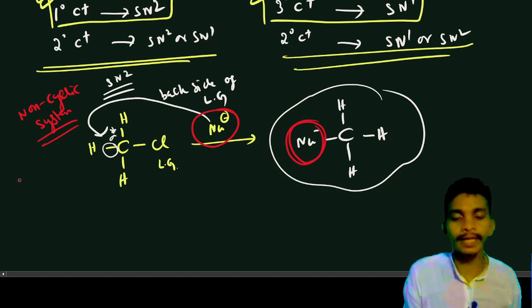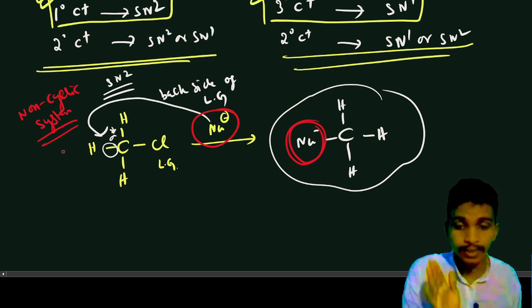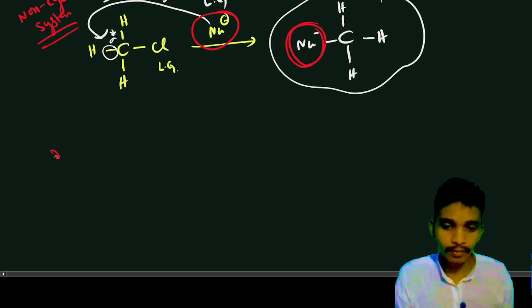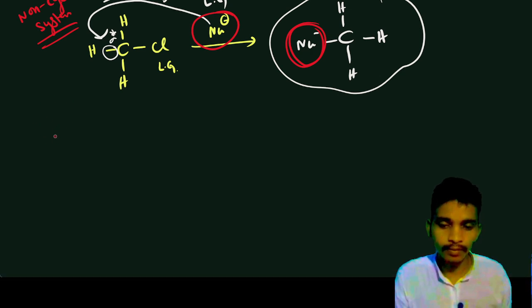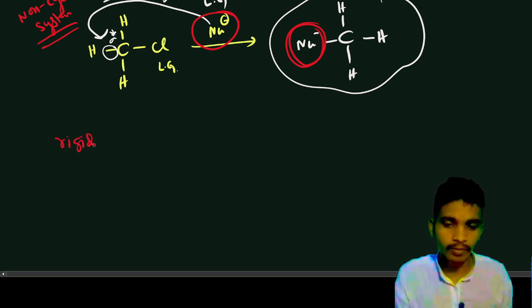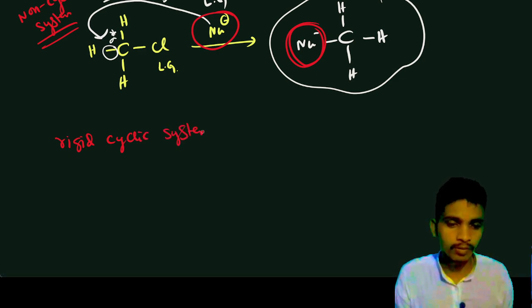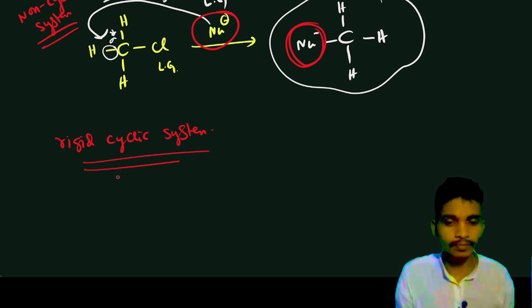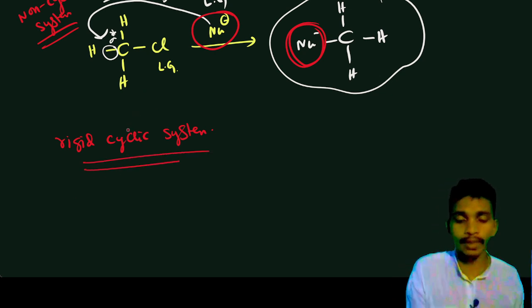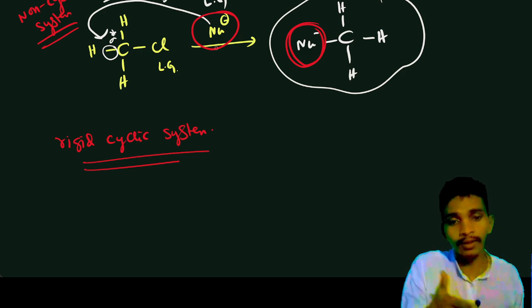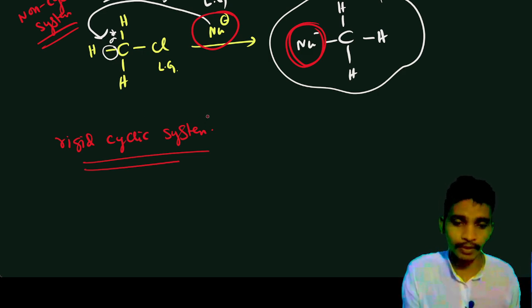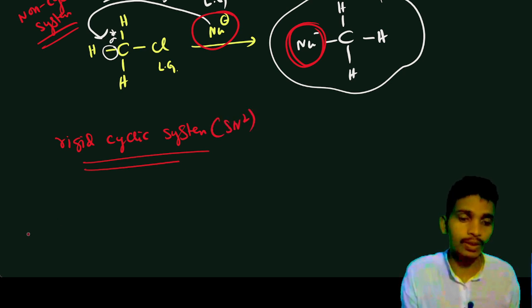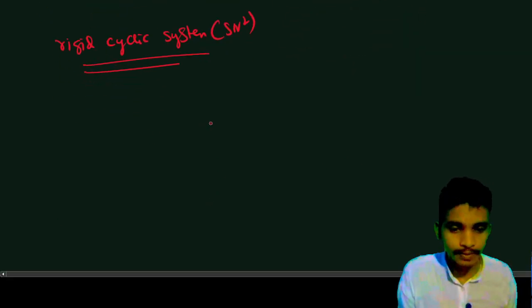But if it is a cyclic system, let's say this is a rigid cyclic system. So for a rigid cyclic system, if that is an SN2 reaction, then there also the nucleophile should attack on the back side, because this is again an SN2 reaction. So let's say this case.